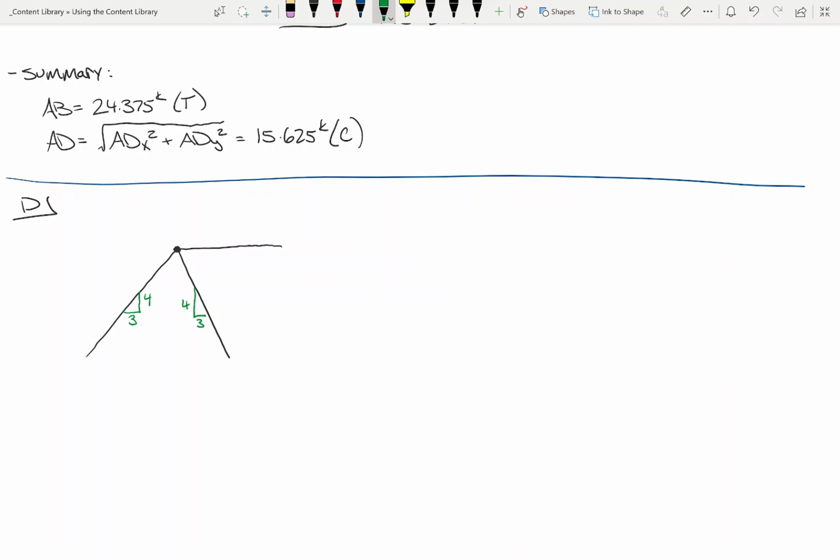What load? Going down. Now we chose joint D because this member and this member were unknown, but that begets the idea that this one is known. We know the X and Y component of this diagonal over here. We know what's going on this one.